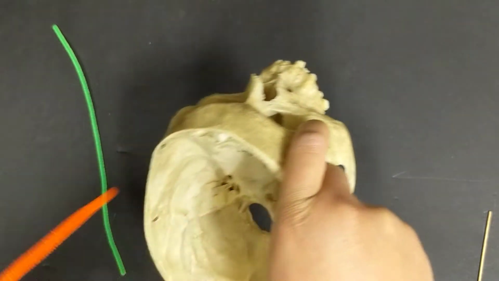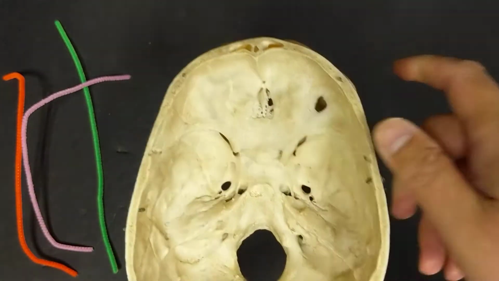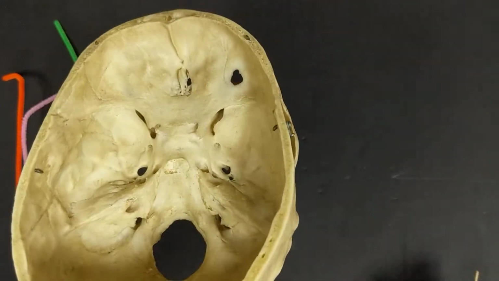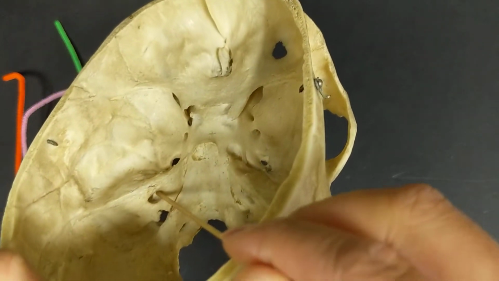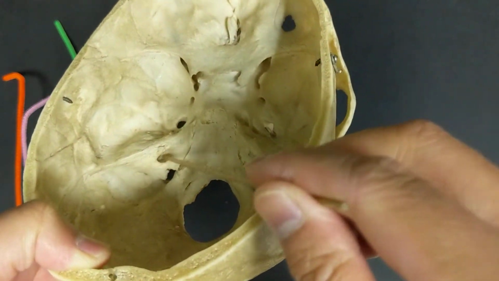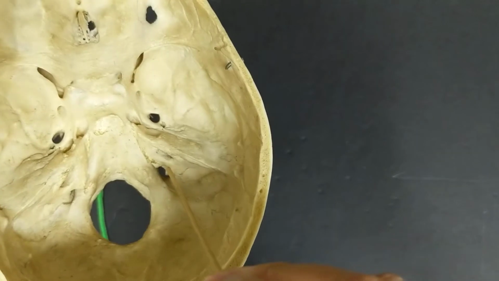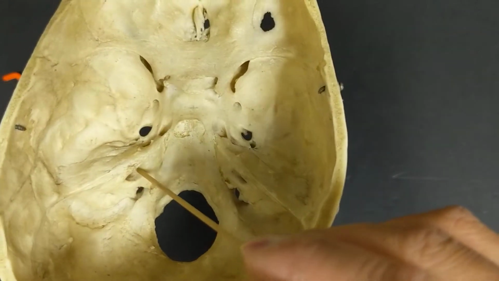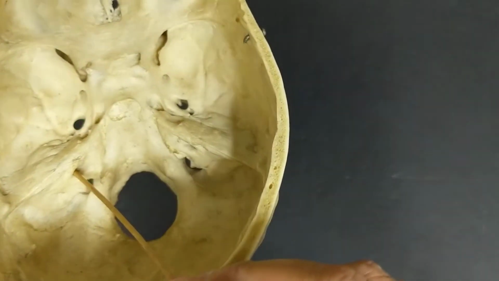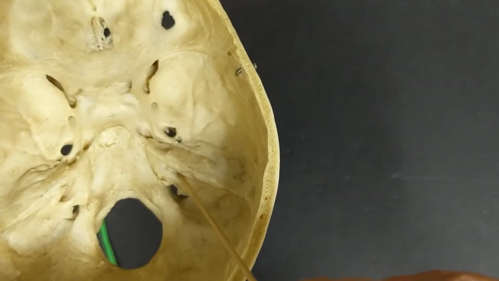Now, in addition to the carotid canal, there's a couple of other foramina that you'll see here as well. So back here, this is going to be called the internal acoustic meatus. Along the posterior side of the petrous region, this is called the internal acoustic meatus.